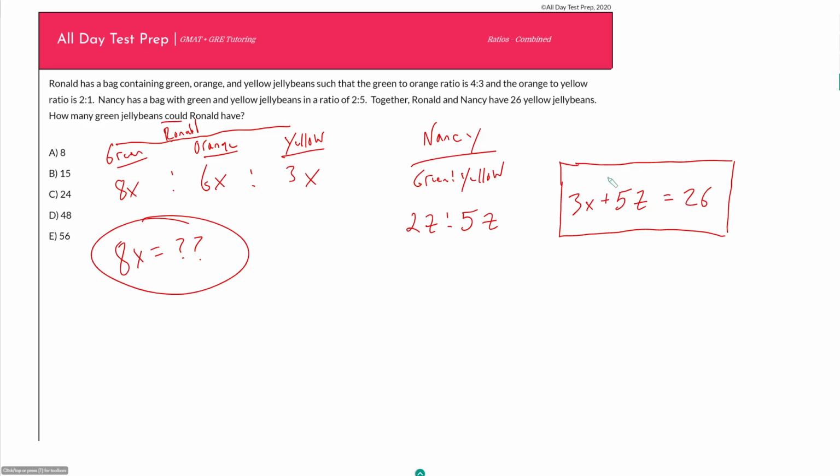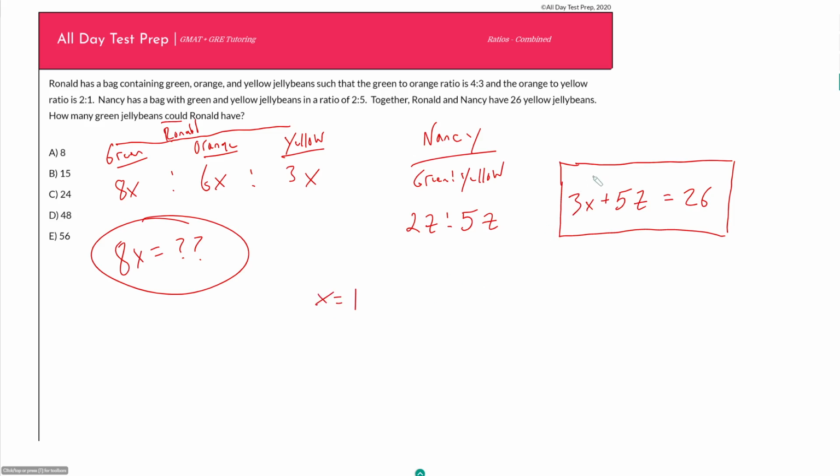But the fact that we have to have whole jelly beans actually means we are very limited in the numbers that we can have. Because, for example, if we start plugging in values for what x could be, could x be equal to 1?